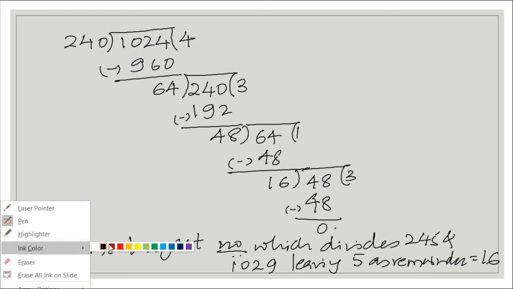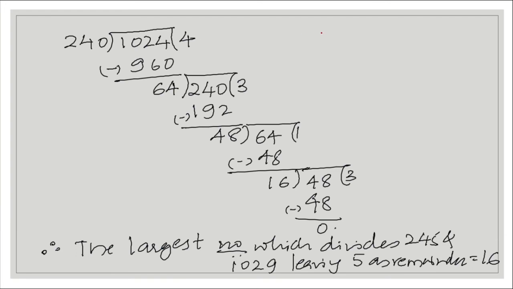So let's verify. The verification part will not be asked in the exam. However, I'll tell you how we check whether our answer is right or wrong. Suppose I divide this 245 by 16, do I get the remainder as 5? So 16 one time is 16.